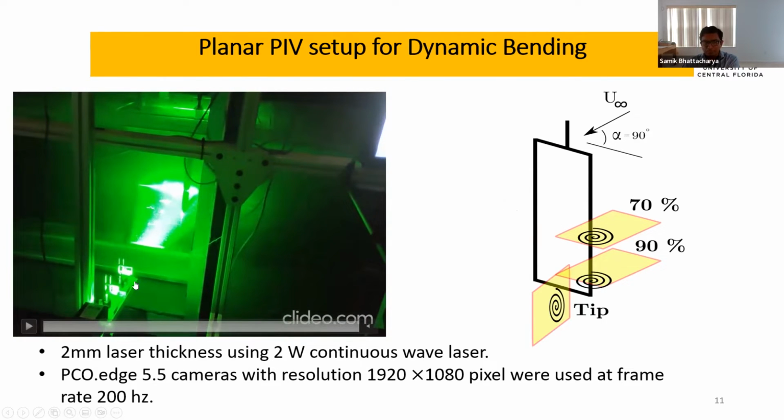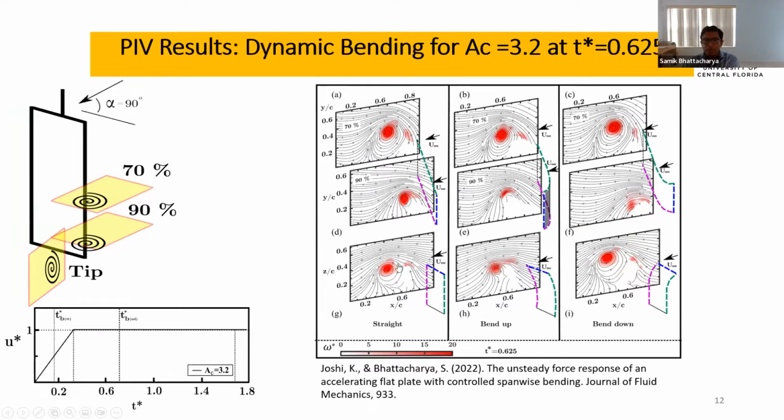So we are able to measure all around the morphing wing, and we have already done that and published it in the Journal of Fluid Mechanics. I'm not going into the details of this figure, but clearly, qualitatively, you can see these different vortices. The leftmost column is a rigid wing, as denoted by this rectangle.